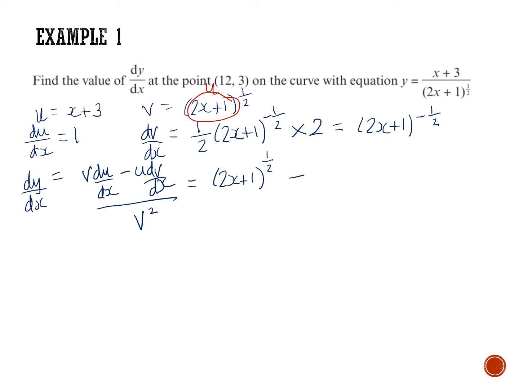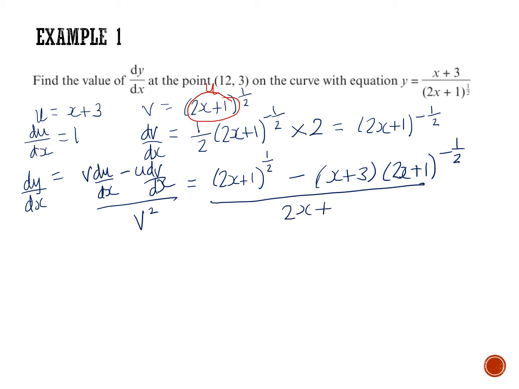Do remember you get the minus there, minus u dv/dx, so u is x plus 3, dv/dx is (2x plus 1) to the minus a half, all over v squared. Remember, v is your denominator. When I square that, I get 2x plus 1.